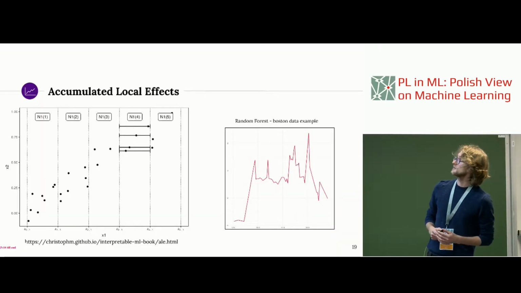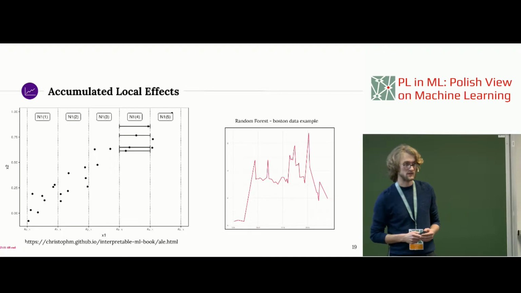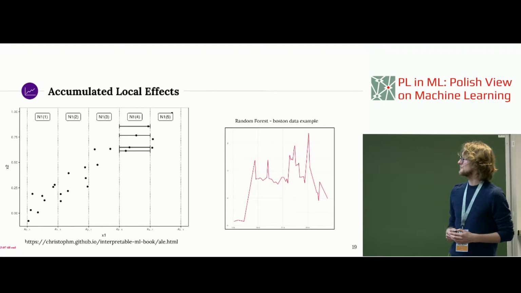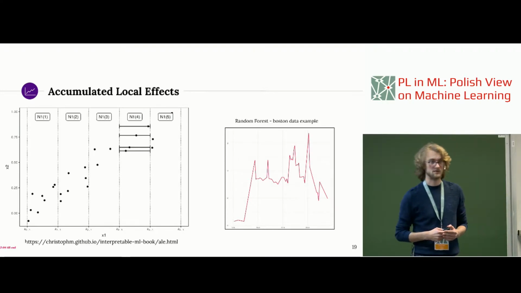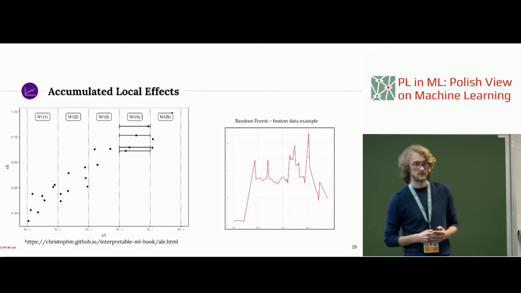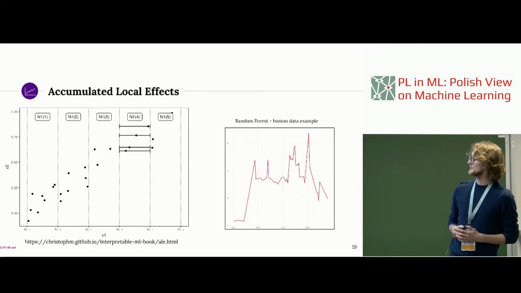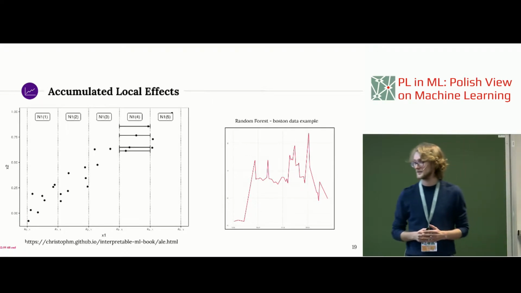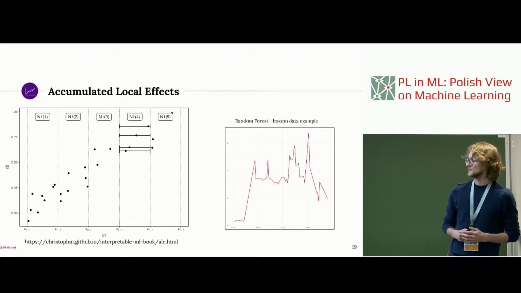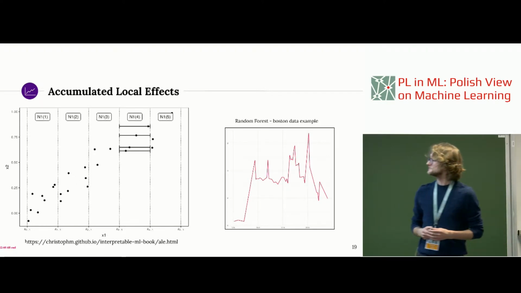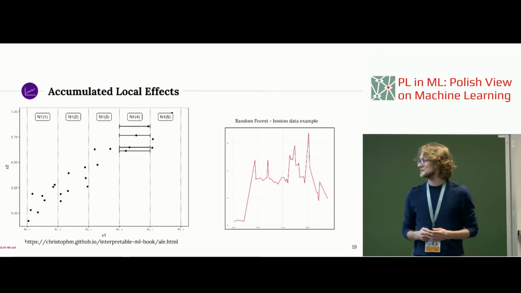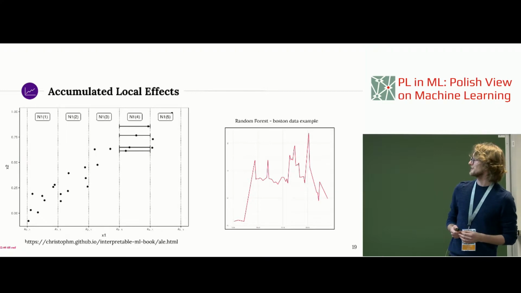Another one is accumulated local effects. It is a bit more complicated than PDP, and is actually based on counting the expected value for the first derivative of the response function. And after that, it is accumulated on the near neighborhood of the value that you want to extract. I will not show the exact formula for that because it's a bit long and complicated.